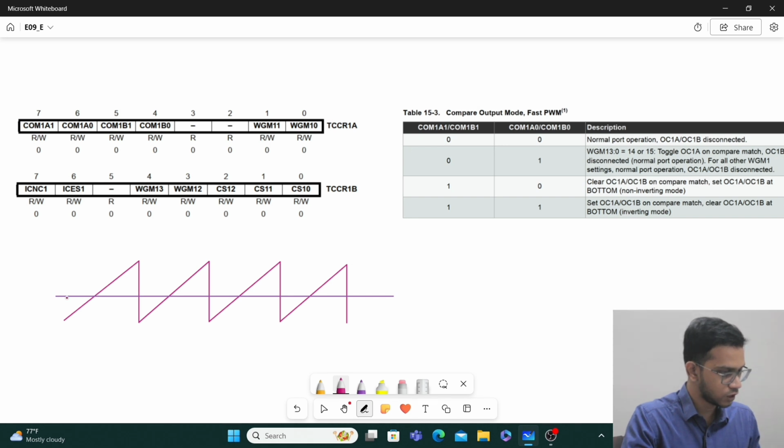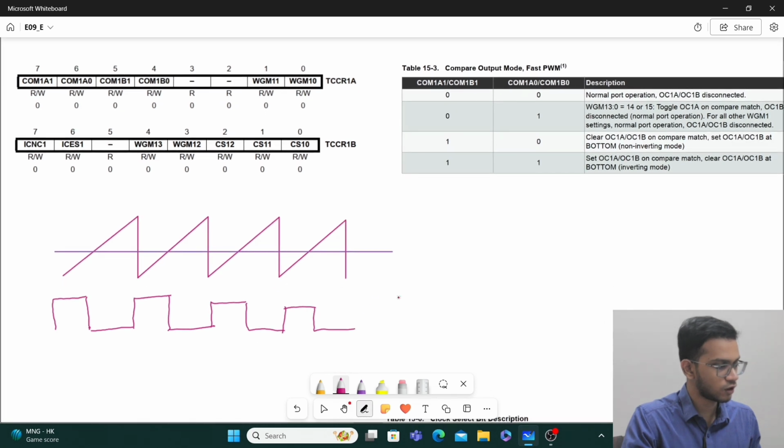Whenever my duty ratio is dominant, whenever it is higher than the sawtooth, give me a high pulse. Whenever the duty ratio is less than the sawtooth, give me a low pulse. Whenever again it's high, give me a high pulse. So this is one logic of producing PWM.